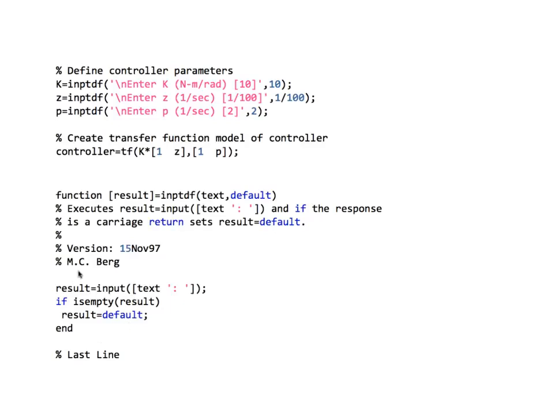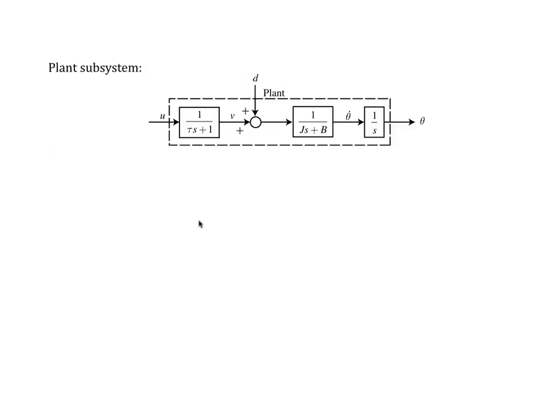It's very simple, 7 or 8 in total lines of executable code. The main point being, if you want to run appconDemo.m on your machine, you'll need to have a copy of inputdf.m in your MATLAB path. But that's all it is.